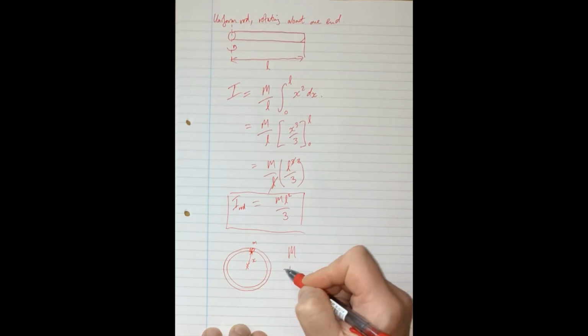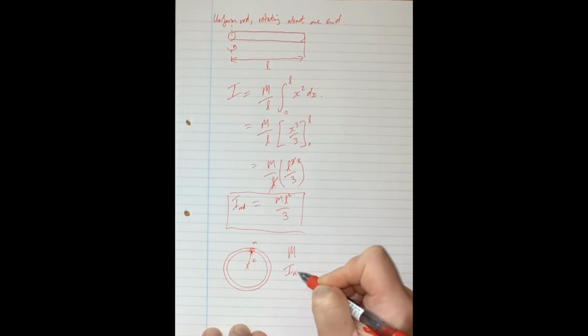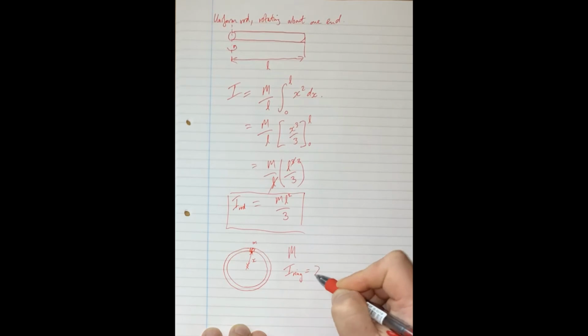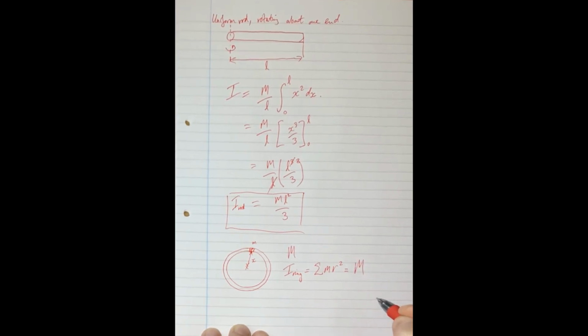So it's fairly straightforward to work out the moment of inertia of a ring, because if we sum up all the little element masses times their distance away squared, what we end up with is the total mass of the ring times the distance away squared.